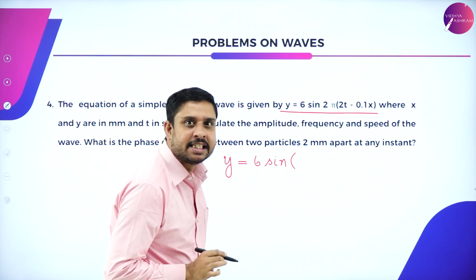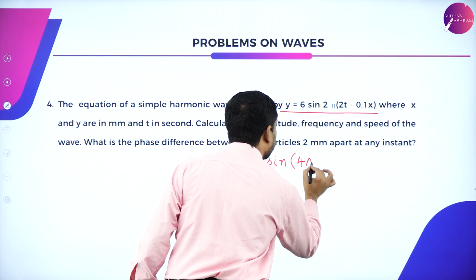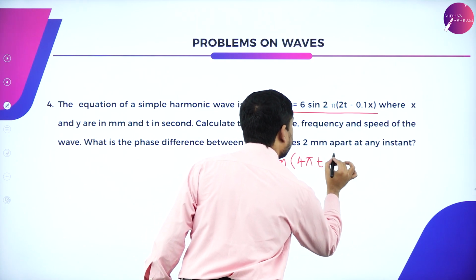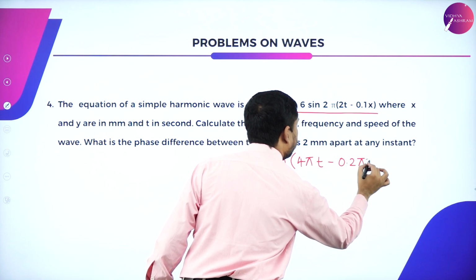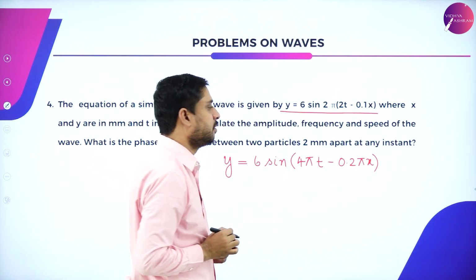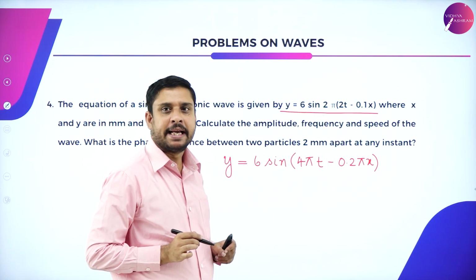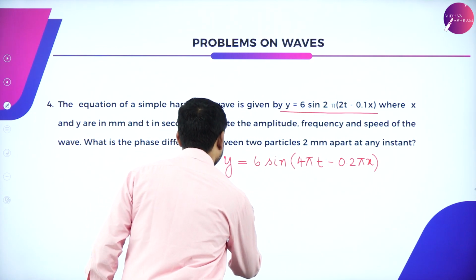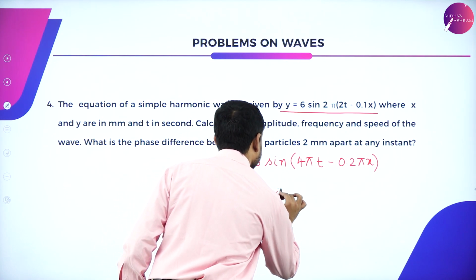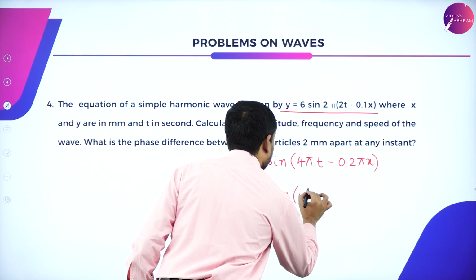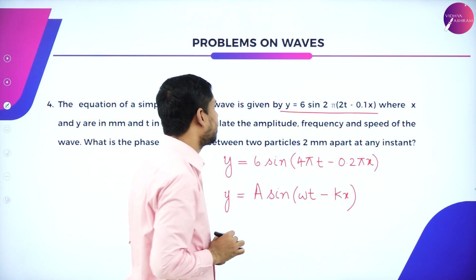I rearrange that in the standard form, 4 pi t minus 0.2 pi x, just multiplying throughout by 2 pi. So on comparison, sine (omega t minus kx).